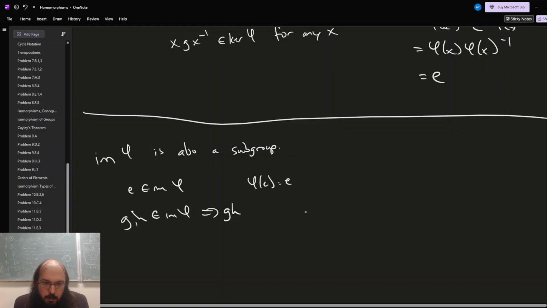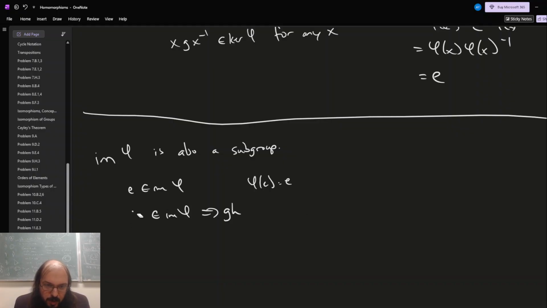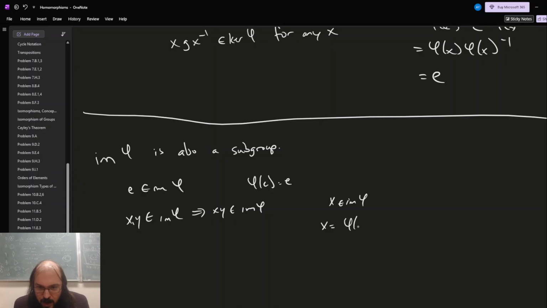And so maybe I should change the notation for a little bit of clarity here. How about we use some different letters? How about we say x and y in the image of phi implies xy in the image of phi. Okay, with this notation, if x is in the image of phi, then x is equal to phi of g for some g.